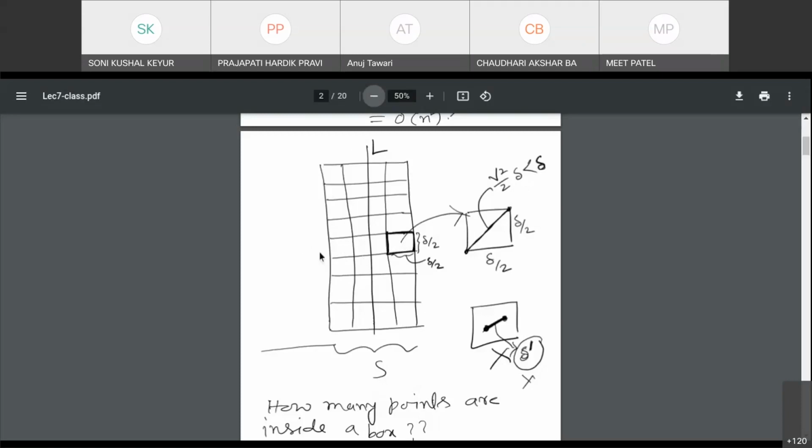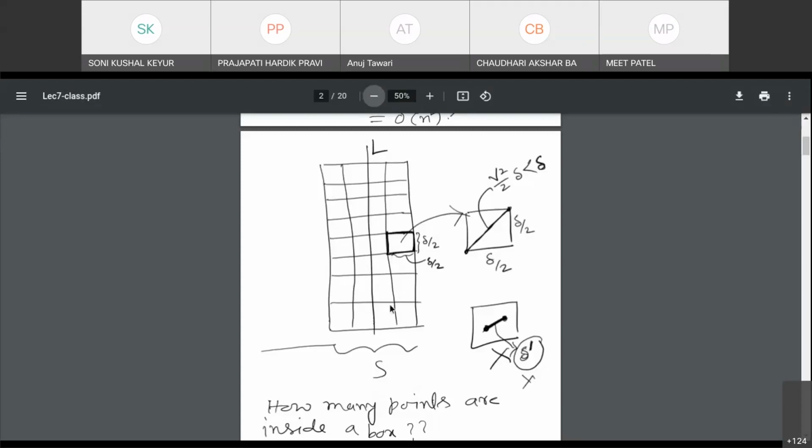Now pick some point here, and we said that we don't need to compare it with all points in this half. You just need to check the neighboring squares, right? And there are only a constant number of squares here, so for each point you only need to check a constant number of points, and there are n points in all, so you just need to check O(n) many points.